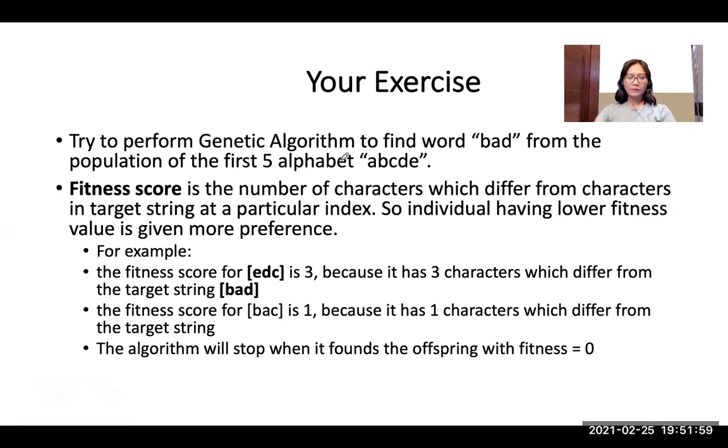So for example, EDC, because E, D, and C, you have 3 misplaced letters, so you give them score 3. If BAC, you only have 1 incorrect letter, so you give them score 1. The algorithm will stop if it finds the offspring with the fitness equal to 0.